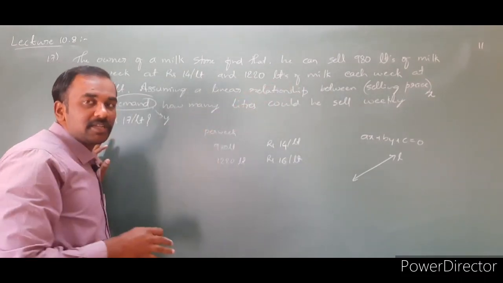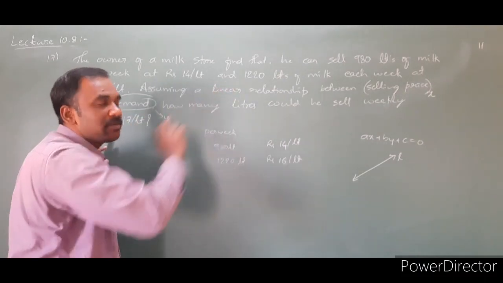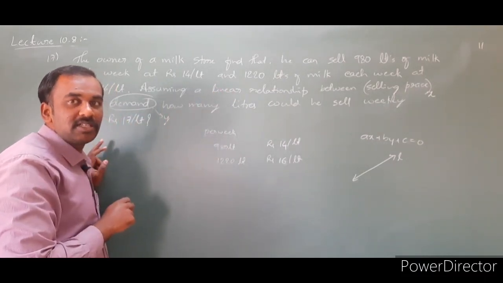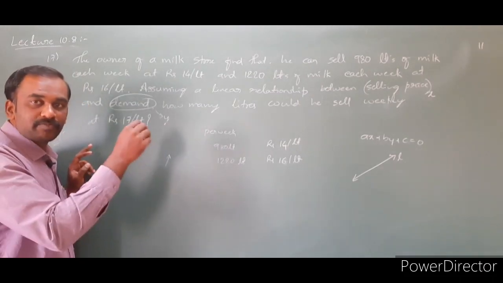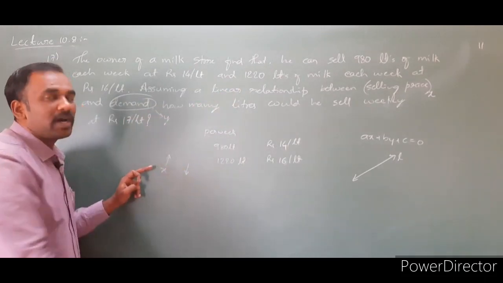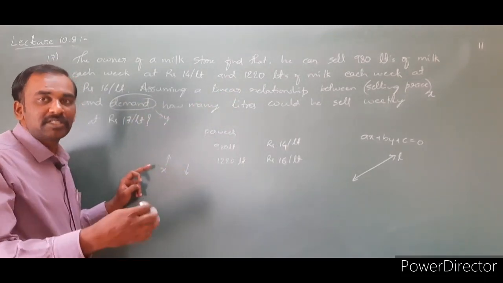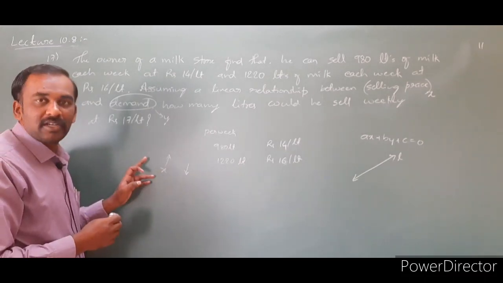So demand y depends on x, the selling price. Suppose the rate increases, x increases, y will decrease because purchasing will be reduced. Are you clear?